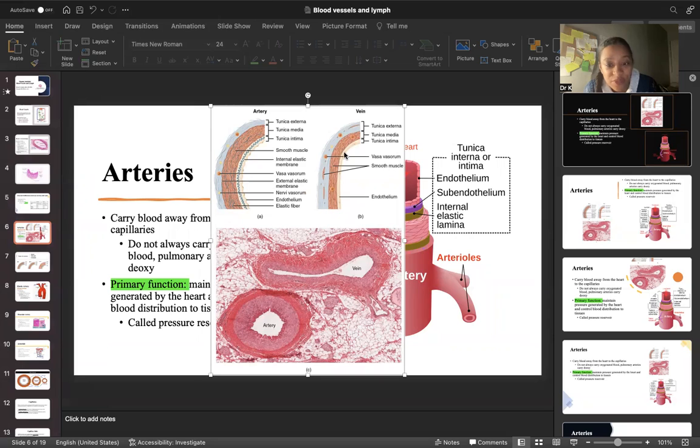And that's more so because it just doesn't have as much smooth muscle in it. Arteries, remember I said, are very involved in that regulatory role in terms of constricting, vasodilating and things like that. Veins are not really doing that. So they're not going to have those functions. And that's what makes them different.